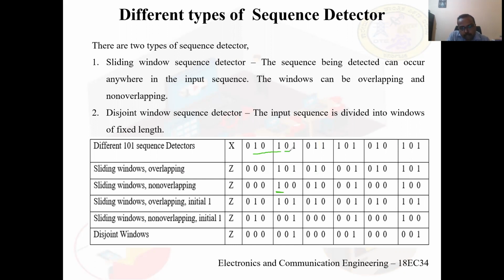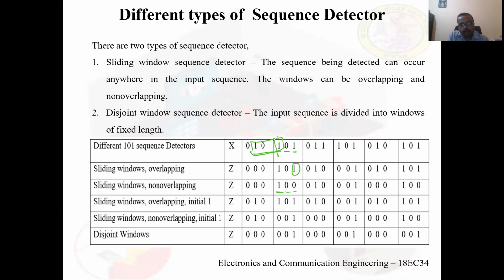Next we have 0, right? The output is 0, and now it is 1 and it is 0 here. If you see in overlapping, this is equal to 1, but for non-overlapping it is equal to 0, because we are looking for a non-overlapping input sequence. We should get 1 0 1 here, but as I said, this is overlapping.